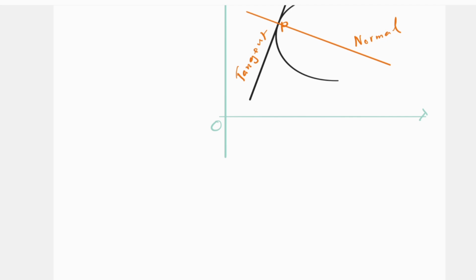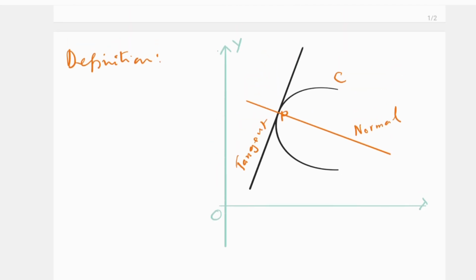The straight line passing through P and perpendicular to the tangent is called the normal.